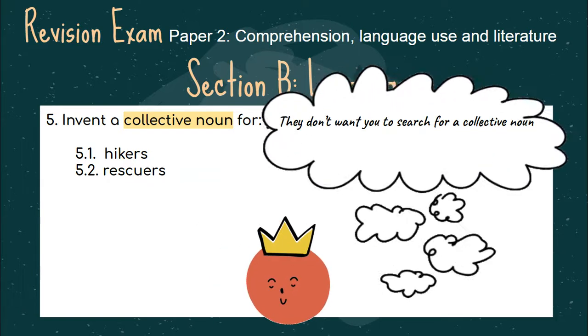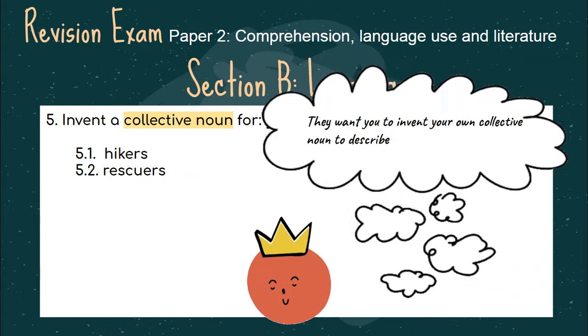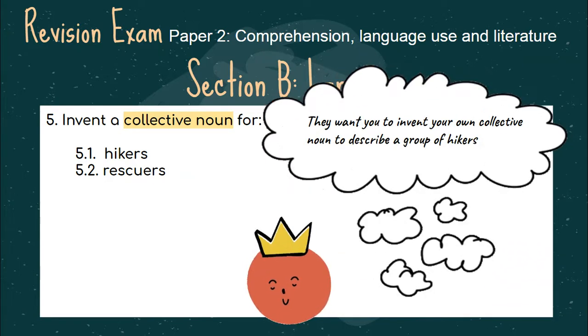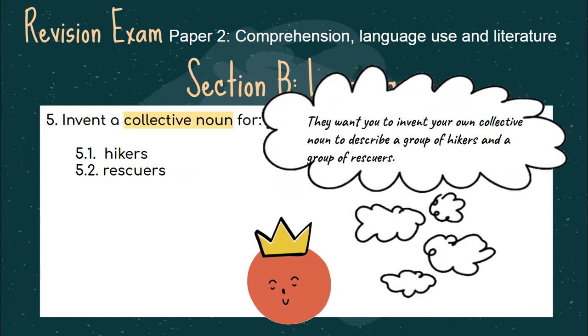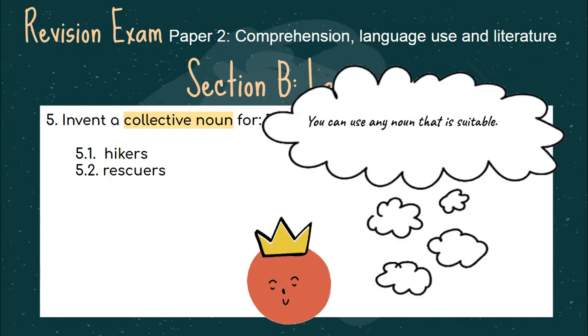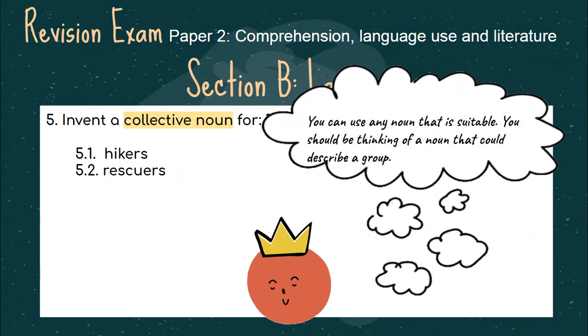They don't want you to search for a collective noun in the text or in a book. They want you to invent your own collective noun to describe a group of hikers. Quite a weird way of asking the question. And a group of rescuers. So you can use any collective noun that you think is suitable. It should be a little bit descriptive, or it should sound like it belongs.